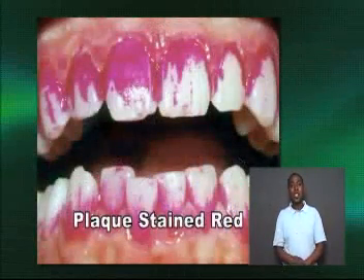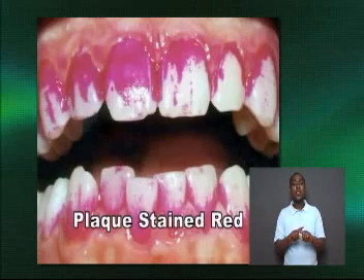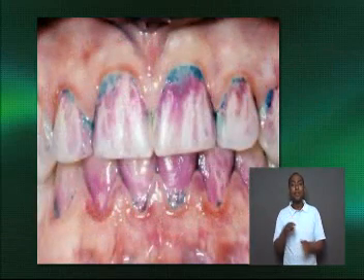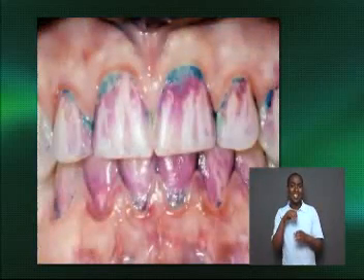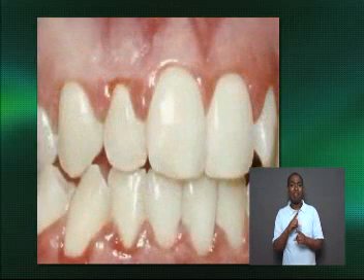Naturally, there are many different kinds of bacteria found in the mouth. When combined with certain substances, they can form a film on teeth called plaque.